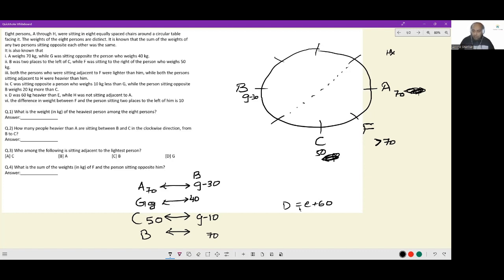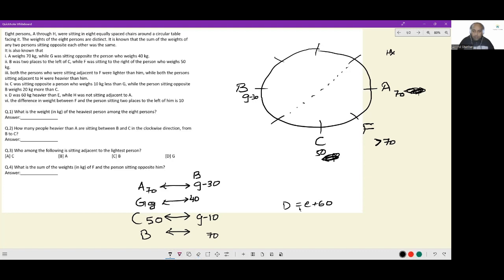F is here, so two places left of him has to be somebody with a difference in weight with F of 10. Now this diagonal we know has to be occupied by G and the person weighing 40. Can I have the person weighing 40 here and G here? No, this is impossible, because if this is 40, this person will not have a difference of 10 with F.